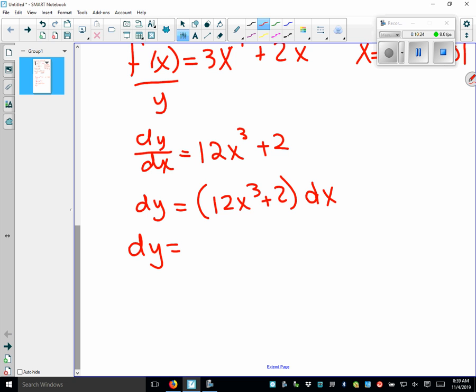When I plug in 1, I get 14 times 0.01. dy is 0.14. Pretty simple? It is pretty simple until they put a y in the middle of your equation.